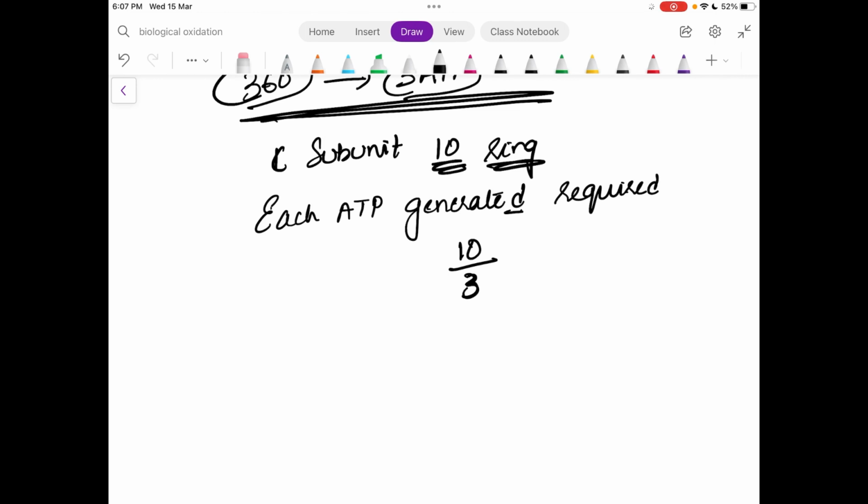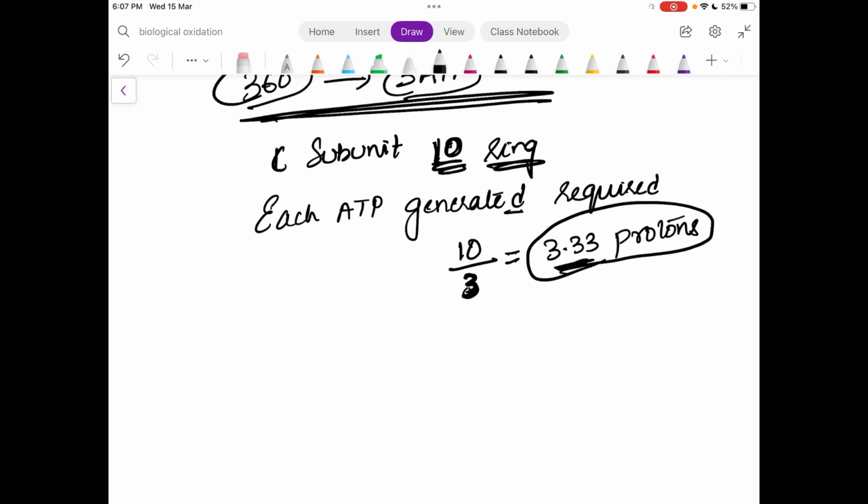For 360 degrees, 3 ATPs are synthesized. So for 1 ATP formation, how many protons are required? 3.33. That means 10 rings will transport 10 protons, and for 360 degrees we are getting 3 ATPs. For 1 ATP you require 3.33 protons.